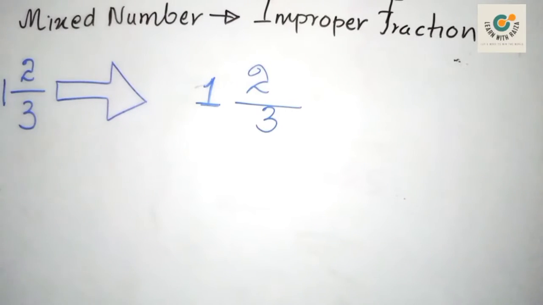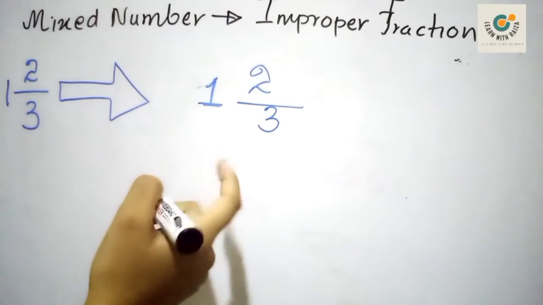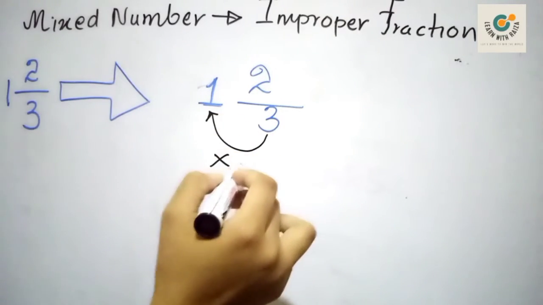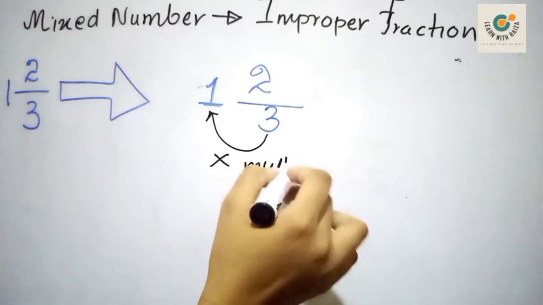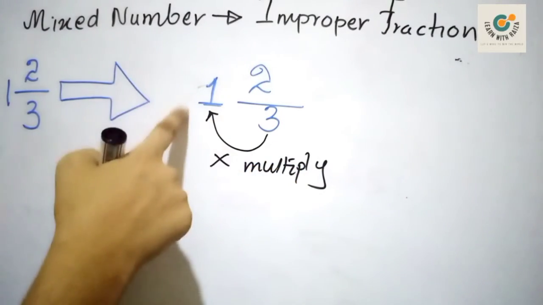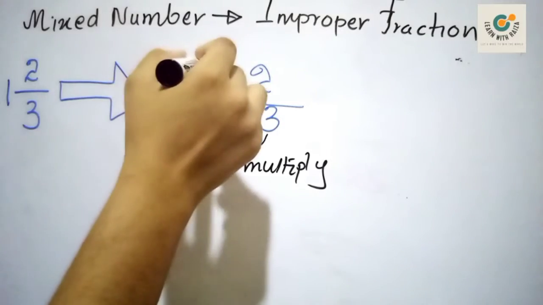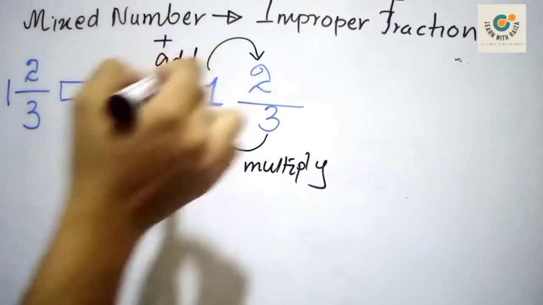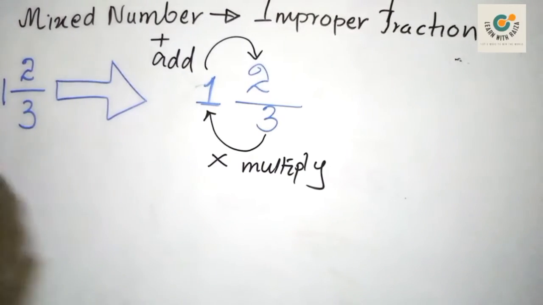Now we are going to convert this into improper. When you are converting into improper, multiply the denominator by the whole number. Then the value you get, add it to the numerator. Now how do we do this?